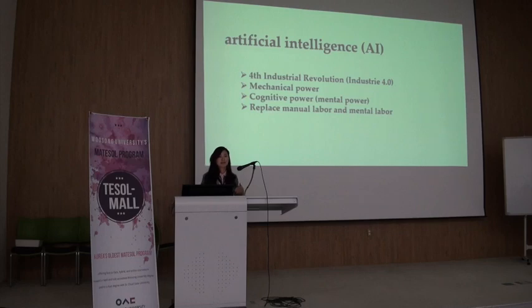The previous industrial revolutions expanded tremendously our mechanical power. This one, as the Germans put it, Industry 4.0 in 2013, is going to revolutionize our cognitive power, or our mental power. We fear, in such a panic, that with artificial intelligence many of our jobs, manual labor or mental labor, are going to be replaced by robots.